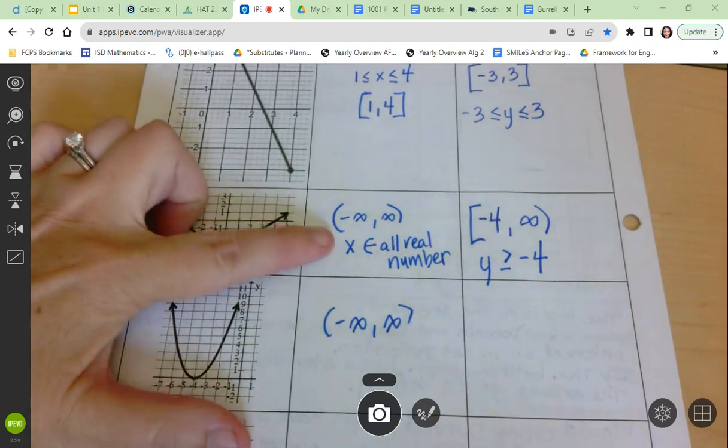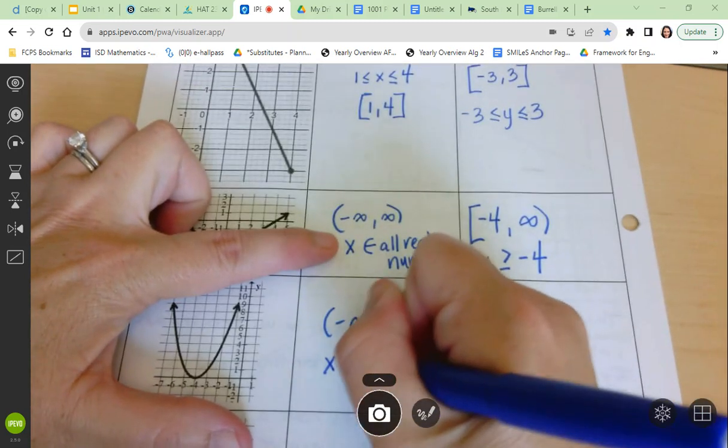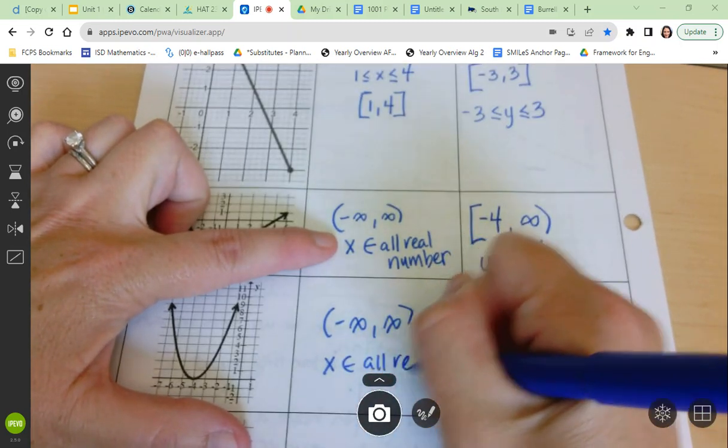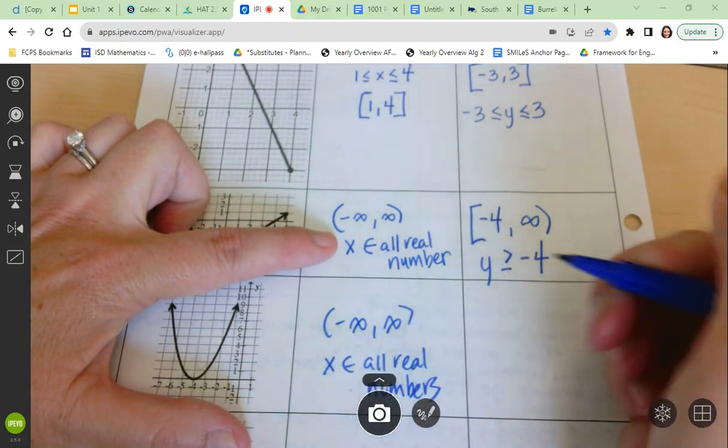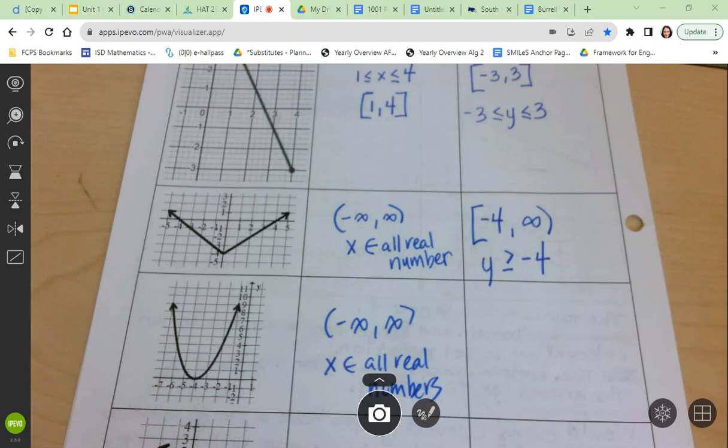And so that will also correspond to x as an element of all real numbers. So if it has something like with the infinity, does that also mean it's always going to be? Yeah, anytime you have negative infinity to infinity, that pretty much describes all the numbers, right? So that's going to be all real numbers.